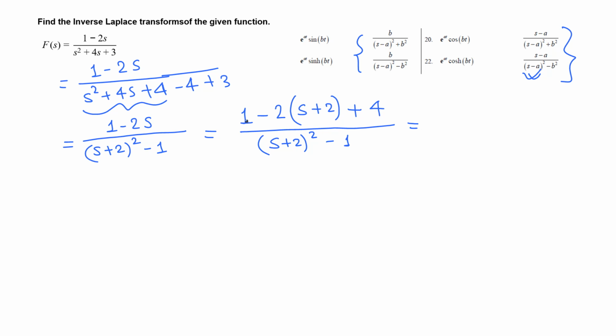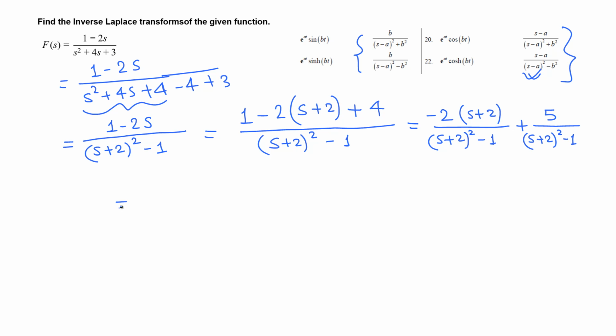Now we can combine 1 and 4, that's 5, and separate into two fractions: negative 2 times (s plus 2) over (s plus 2) squared minus 1, and 1 plus 4, that's plus 5 over (s plus 2) squared minus 1.